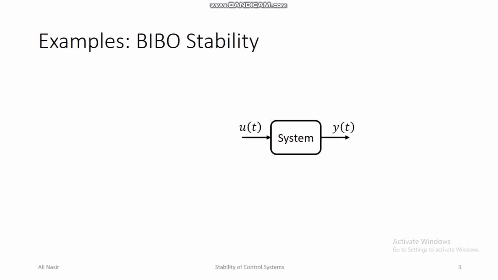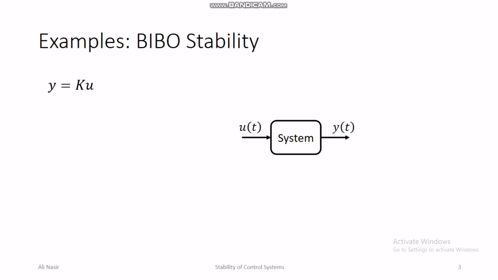Let's look at some examples in order to clarify our concept. For example, let us suppose we have a system where y is equal to some constant k times input u. If we wonder whether this system is BIBO stable or not, you have to look at the equation and try to figure out a finite value of u for which y will become infinite.